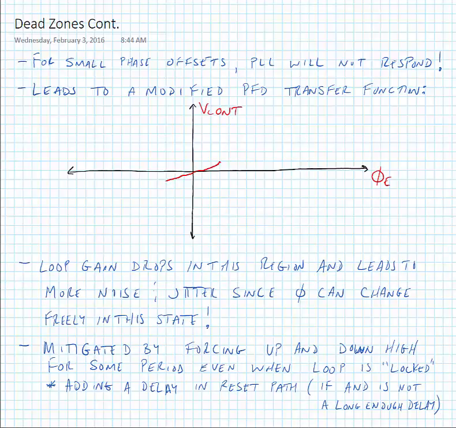And then beyond that range, the PLL responds normally like it's supposed to, so we have a much steeper slope here. So here we see this is where we get the normal phase detector gain from our PFD. This region here where the slope is really small is called the dead zone.